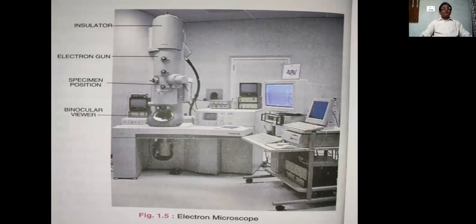But where does it differ from the compound microscope? In this electron microscope, we observe anything with great magnification, lakhs of times magnification. So a very small thing which cannot be seen clearly through the compound microscope can be seen through the electron microscope.